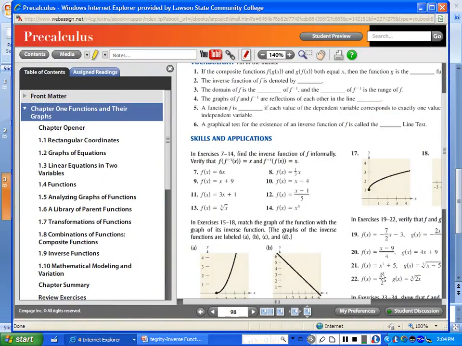So here I'm looking at some problems from a pre-calculus text. Under skills and applications it says in exercises 7 to 14, find the inverse function of f informally. We're going to find the inverse function for number 9. f of x equals x plus 9.